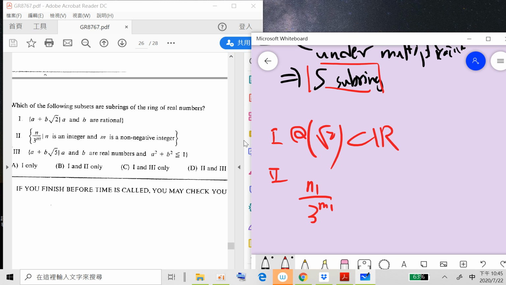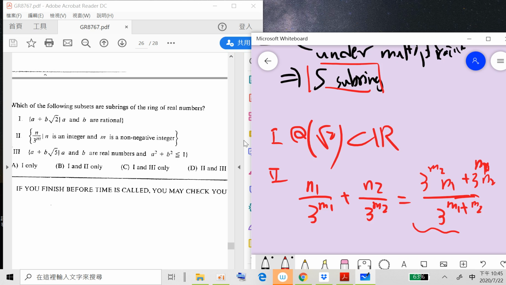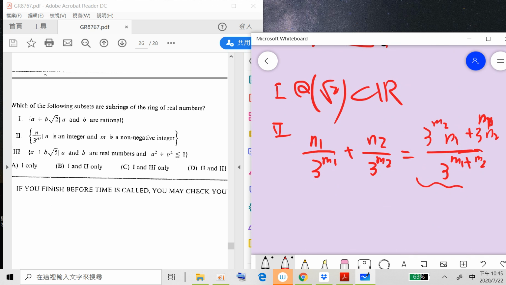So how about we try to see whether it is additively closed. We can change it to the same denominator. Okay, so you see for this one, this is closed under addition. And also we have the inverse.